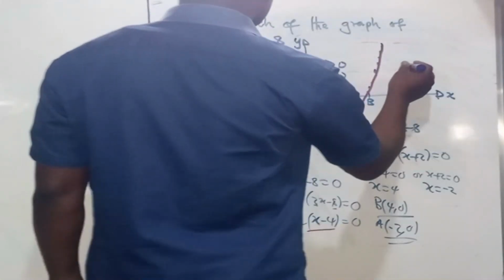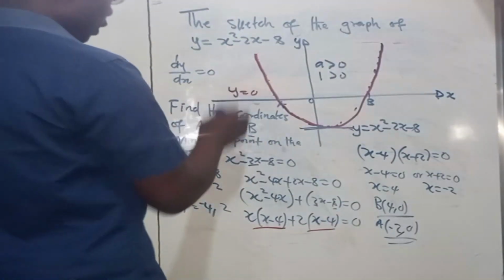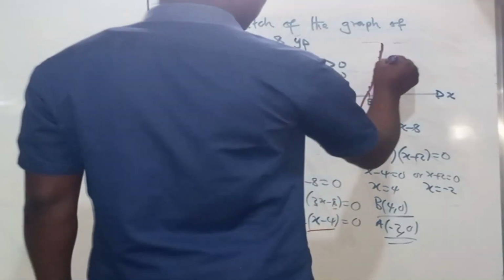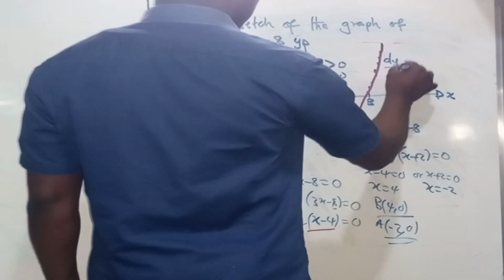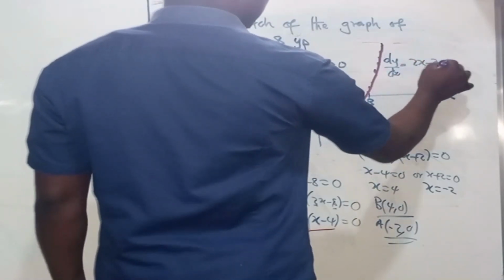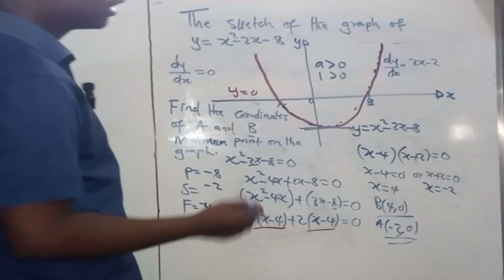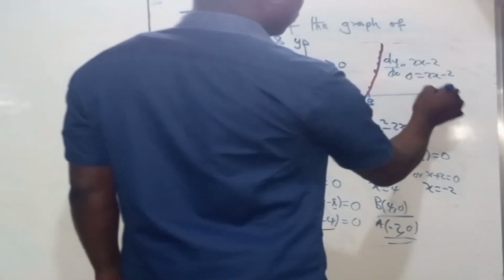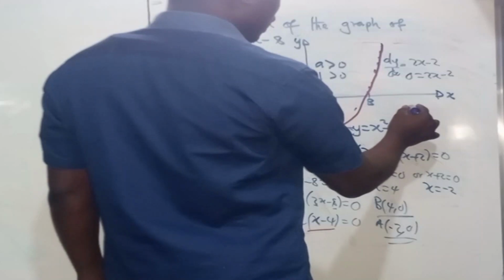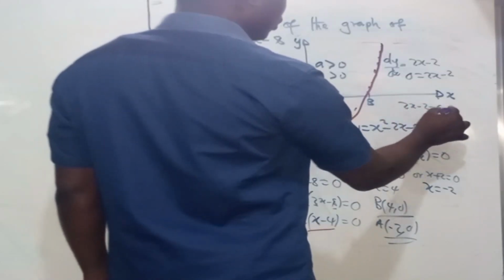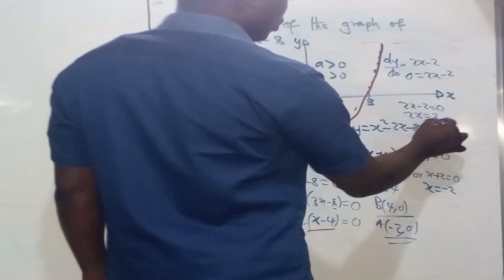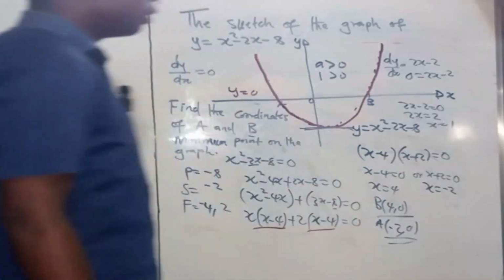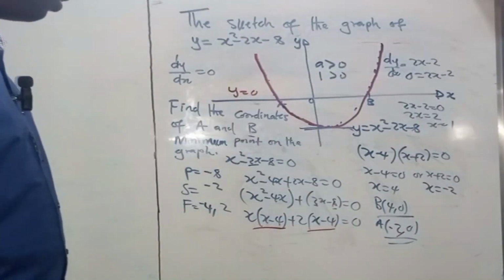Our dy/dx is 2x minus 2. Since dy/dx is 0, we say 0 equals 2x minus 2, implying that 2x is equal to 2, meaning that x is equal to 1.